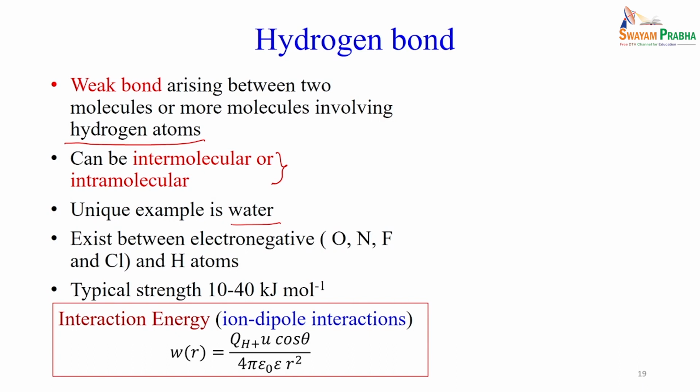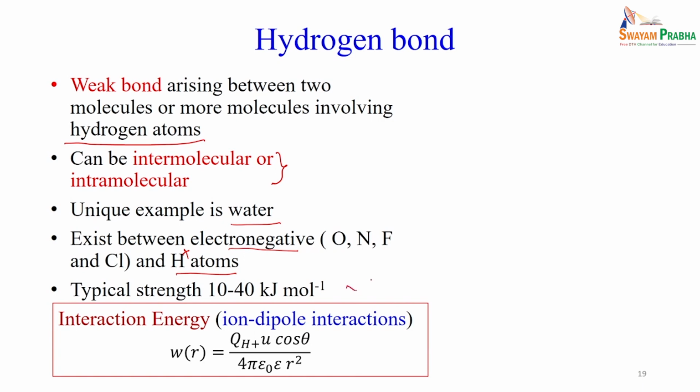It means you can say, depending on this intermolecular interaction, or you can say hydrogen bond, its properties are directly related: its melting point, its boiling point, its latent heat. So, all the properties are directly related with this hydrogen bond, and hydrogen bonds are found between electronegative atoms like O, N, F and Cl and positively charged hydrogen atoms.